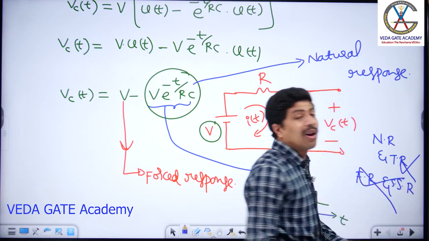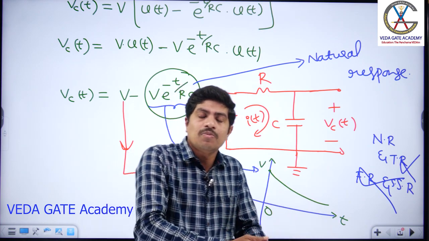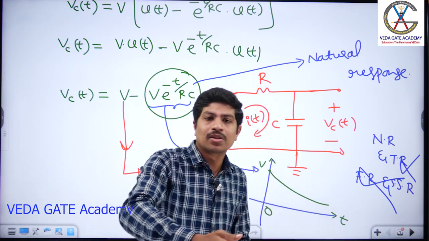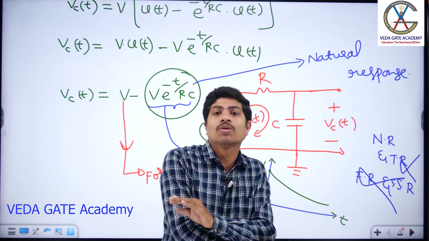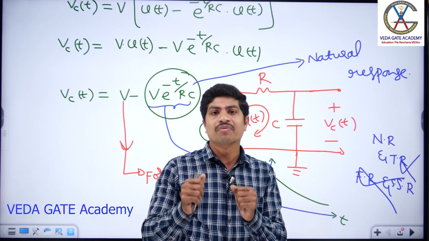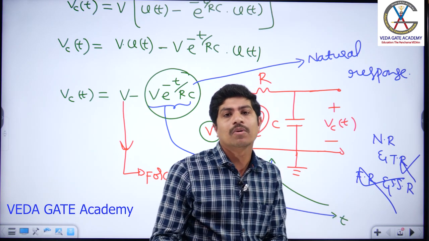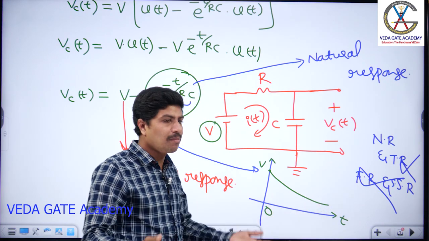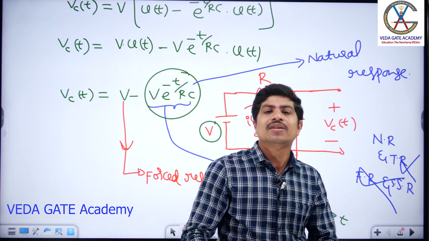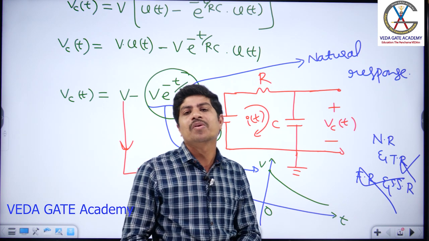No, please. A lot of difference is there between forced response and steady state response, natural response and transient response. For your kind information, some faculty also don't know about this. Please be careful what you are learning. All these questions are many a time asked in interviews and sometimes in GATE examinations, sometimes in other competitive examinations.